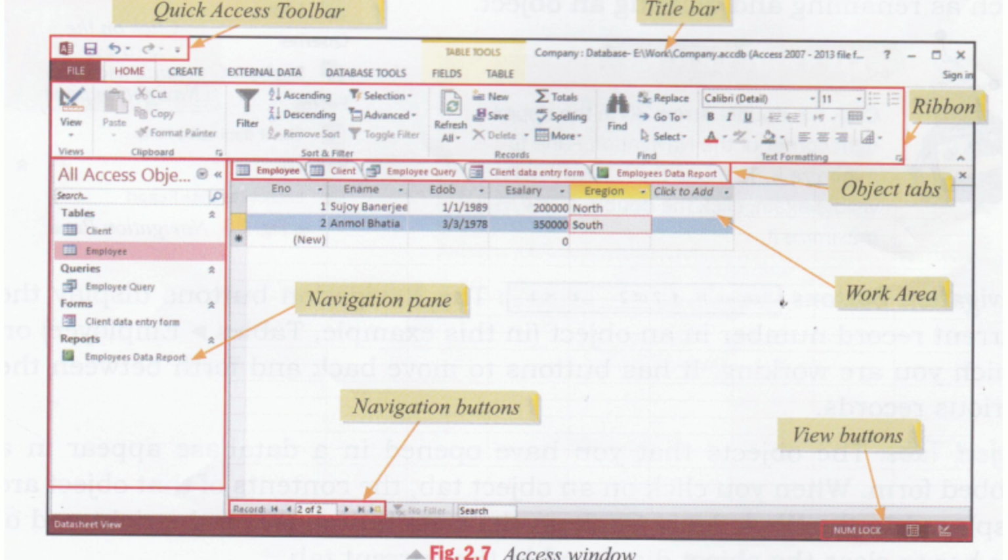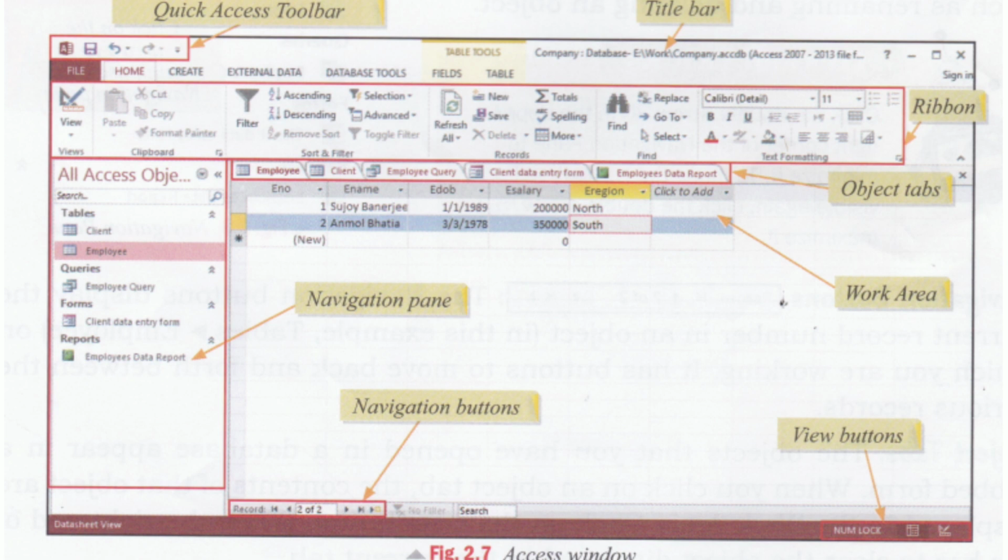Some tabs appear only when we work with certain objects such as forms. These tabs are called contextual tabs. Tabs contain buttons and other controls required for working with data, whereas groups organize controls into sections within tabs.